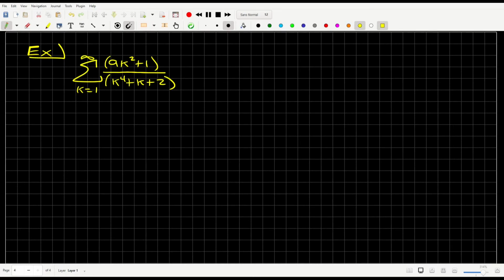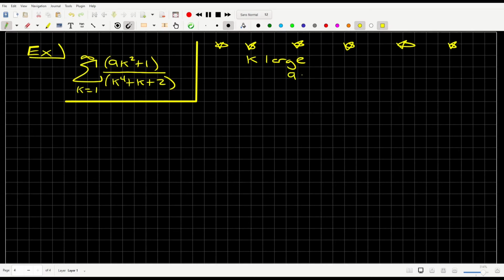And like before, we'll use our rule of thumb to get an idea of whether or not this series is going to converge or diverge. Remember, this is not the same thing as applying the test, but it's just getting an idea of what to expect with this series for large values of k, because the behavior of this series for large values of k is what matters in determining the convergence.